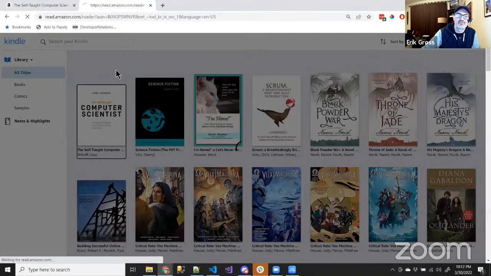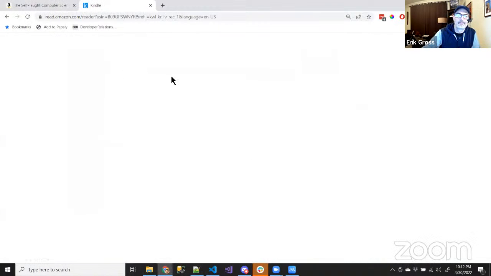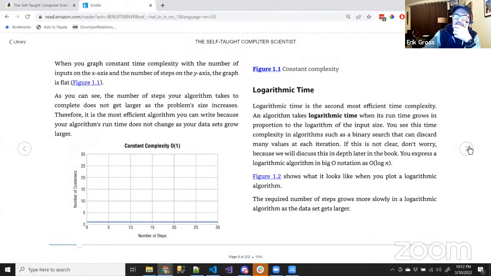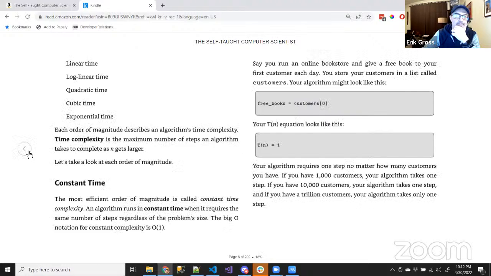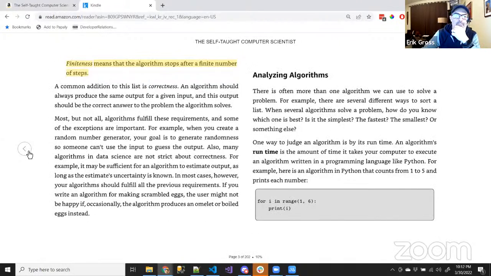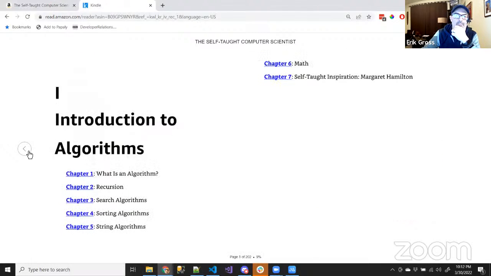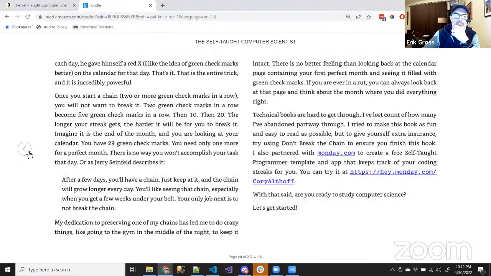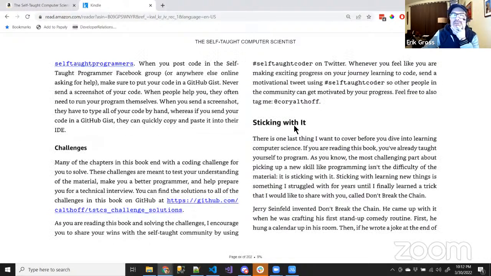There it is, because I was just reading it. I'm going to pull this up. I want you to see this. Yeah, logarithmic time. That's what I was reading. Yeah, here it is. Sticking with it.